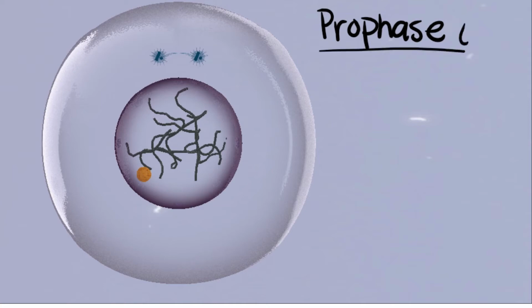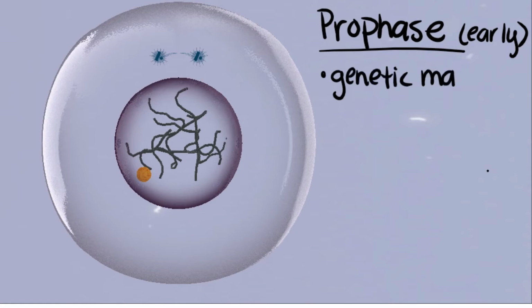This clip is going to be about early prophase. In early prophase, the genetic material condenses, and the replicated chromosomes actually become visible, which we will see in a minute. Second, the spindle fibers begin to form around the centriole.